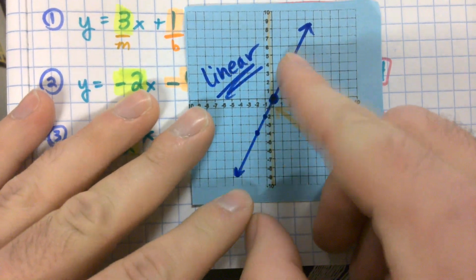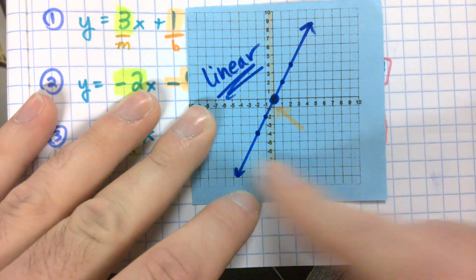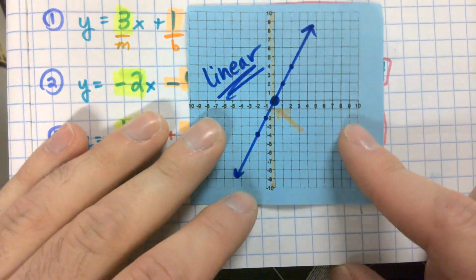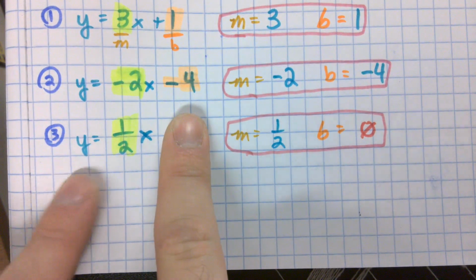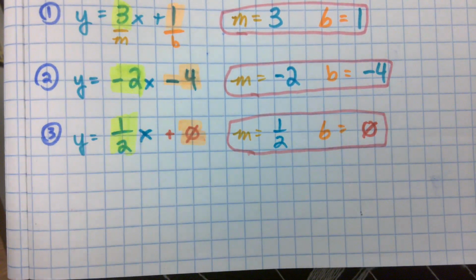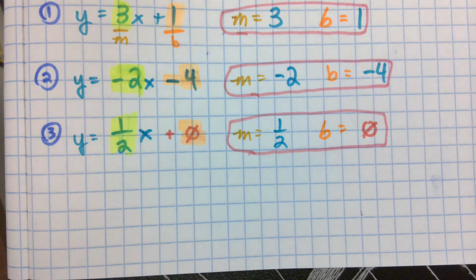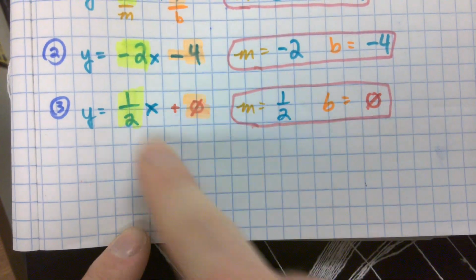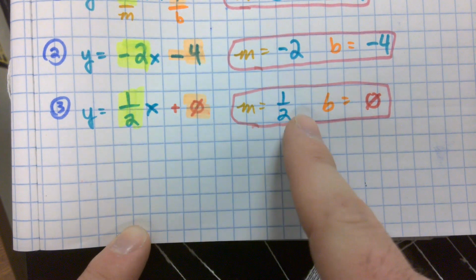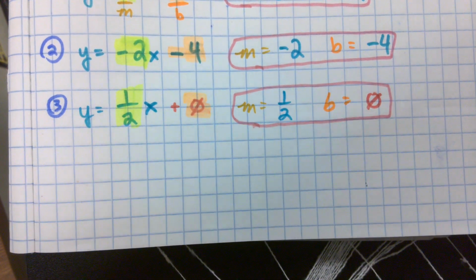So if we're crossing through that origin, what type of relationship do we have here? Proportional relationship, exactly. So that's why we see y is equal to kx. K is basically just the same thing as m, except it's reserved only for proportional relationships, like this one. So if you don't see a number being added on the end, your b value is equal to 0.